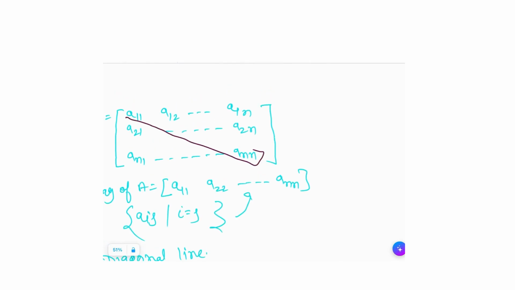This is our diagonal, A11, A22, so this A23, then this is A n minus 1, n. This is the principal diagonal and this is the super diagonal.